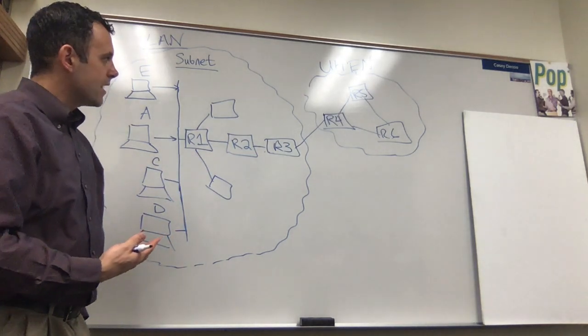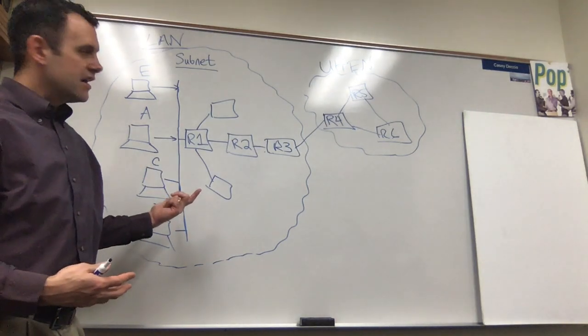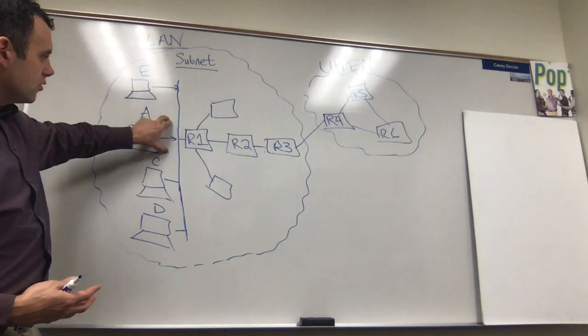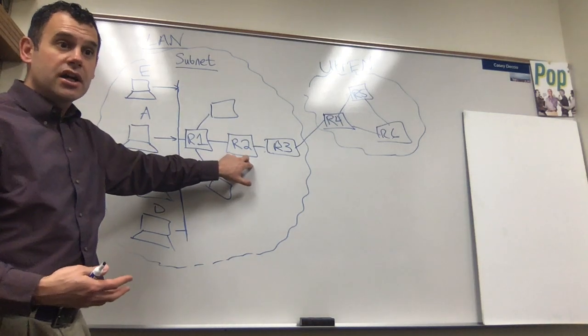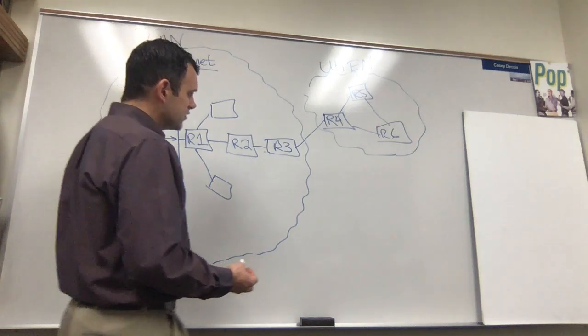Now this happens again and again when you're passing packets around the internet and you're going beyond your local area network and even beyond your organization's network. So for example, let's go one more.